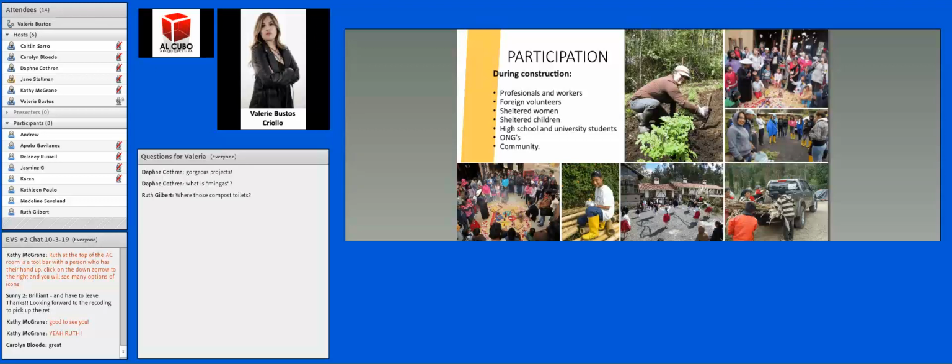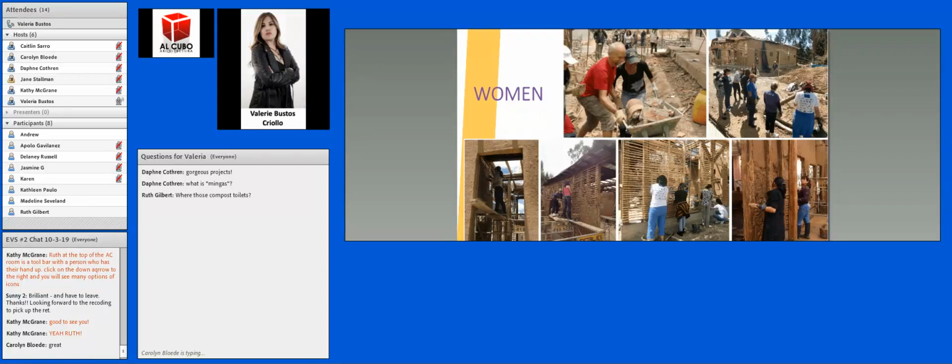During the construction, all people were involved. It was an amazing experience to promote this social participation. The women were an important part because this is a house for women, and in this space, women expressed their problems and experiences linked to gender violence and found activities in which they could develop.